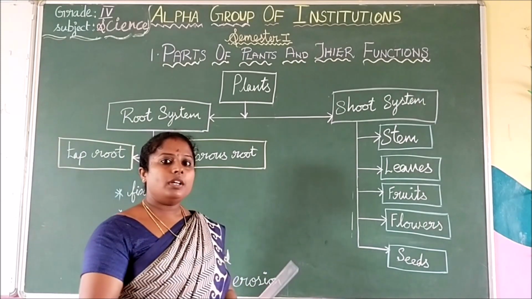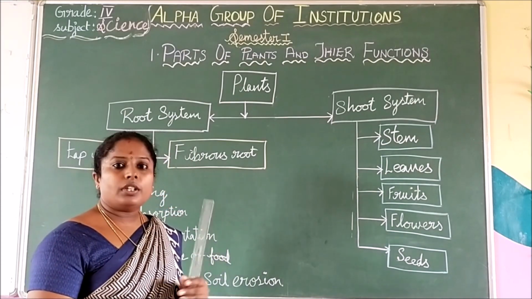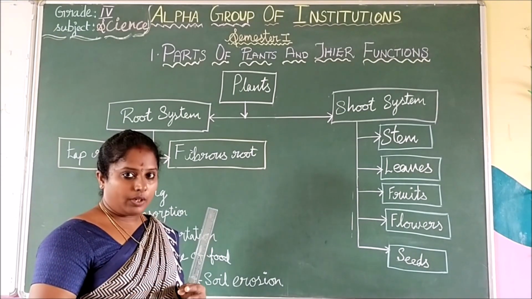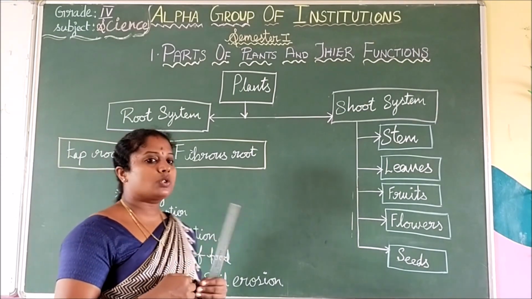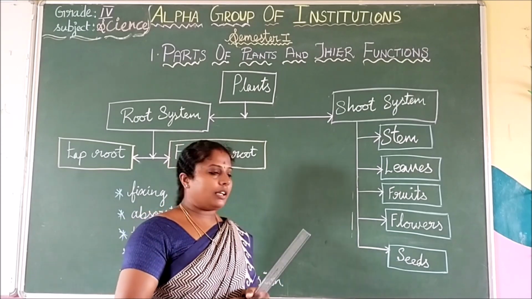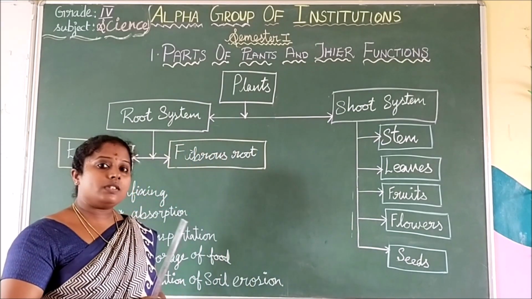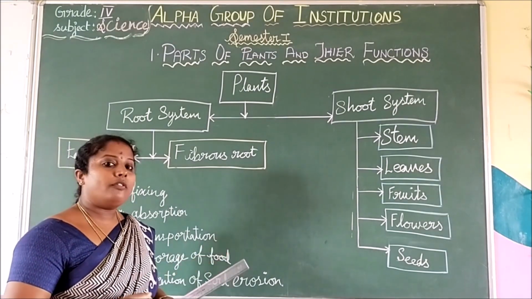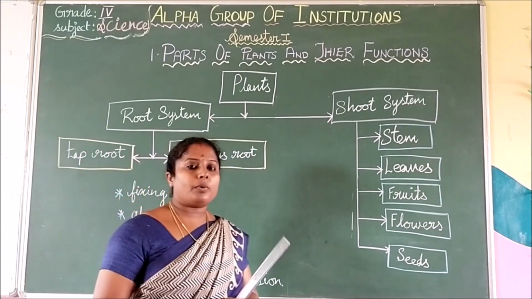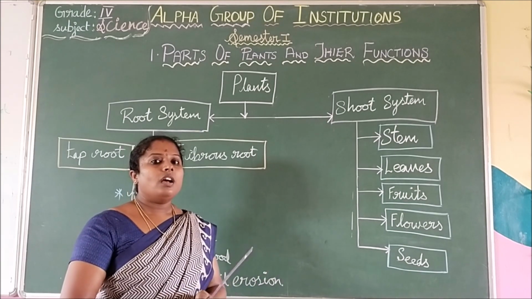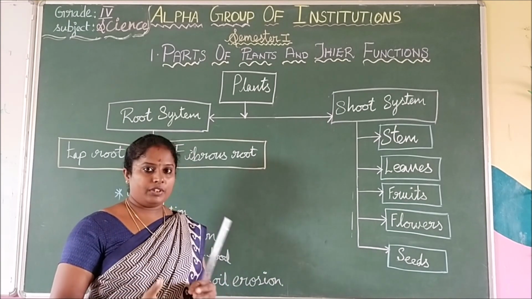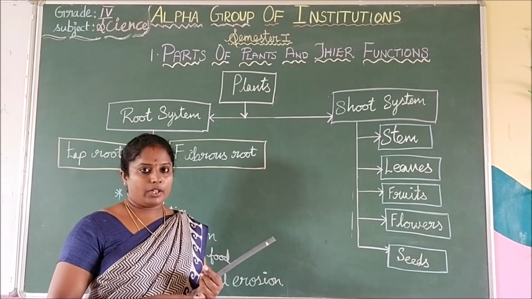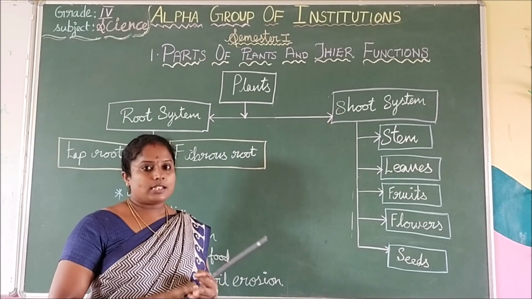So what does the stem do? Stem absorbs the minerals, vitamins and water from the root and transfers them to all parts of the plant. And what do leaves do? Leaves do the main preparation of food. It is called a food factory. It prepares food with the help of powerful sunlight.